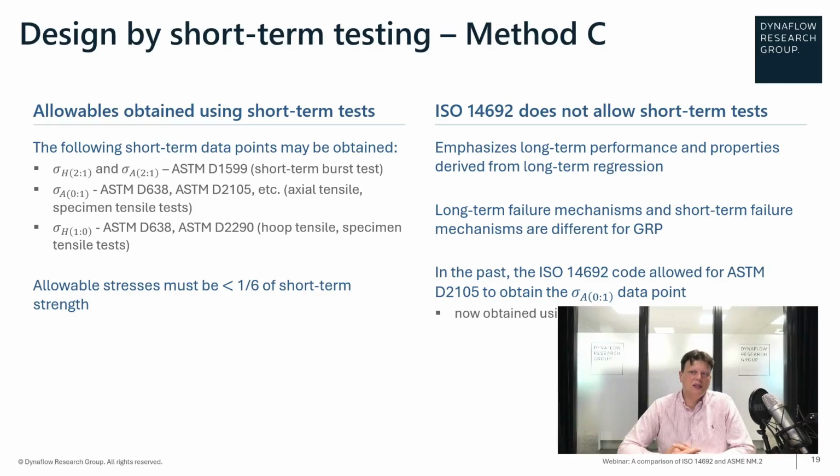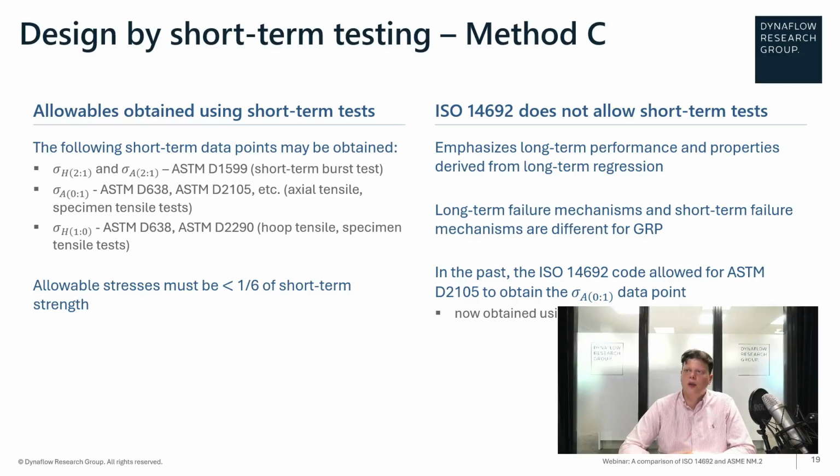And of course, what that means is that because you cannot determine the 0-to-1, the purely axial tensile stress point, with long-term testing, you must use this 1/6 factor, which is a very large difference from the ISO, which still would use the same 3.5 or 4 factor.